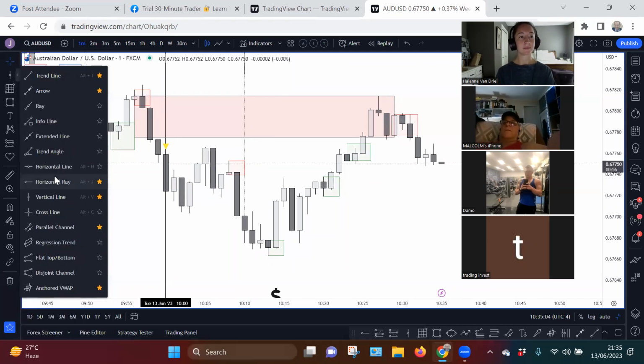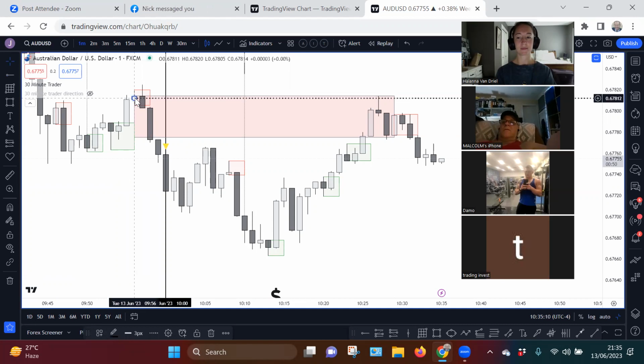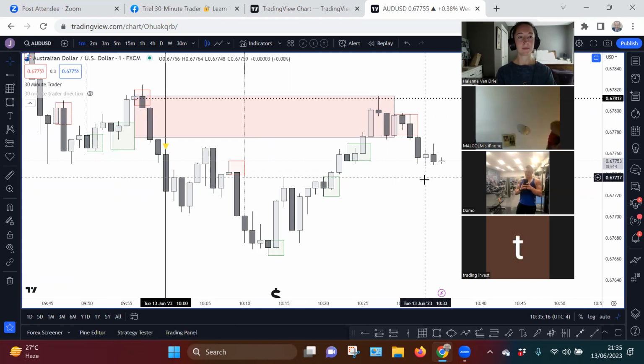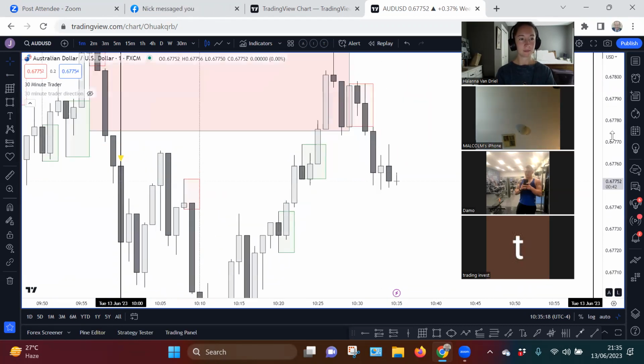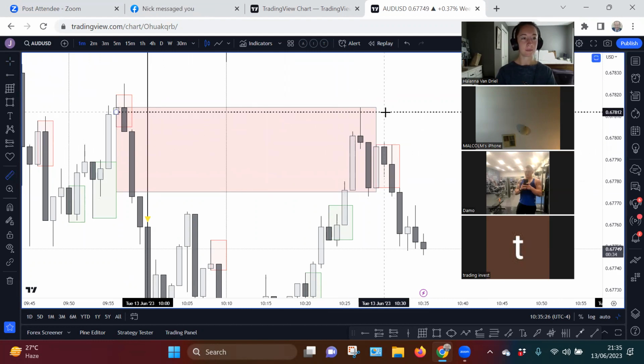You just get a horizontal ray, you take 50% of the stabilizer, or at least the bottom of it, and look at that, bang, it drops. It's not 100% perfect. It's about 2/10 of a pip out.